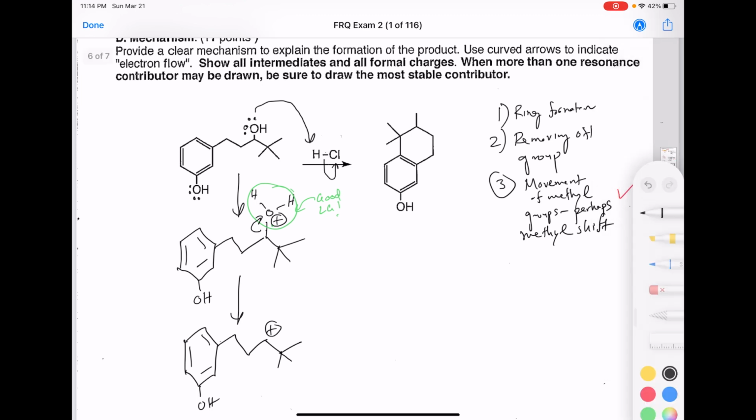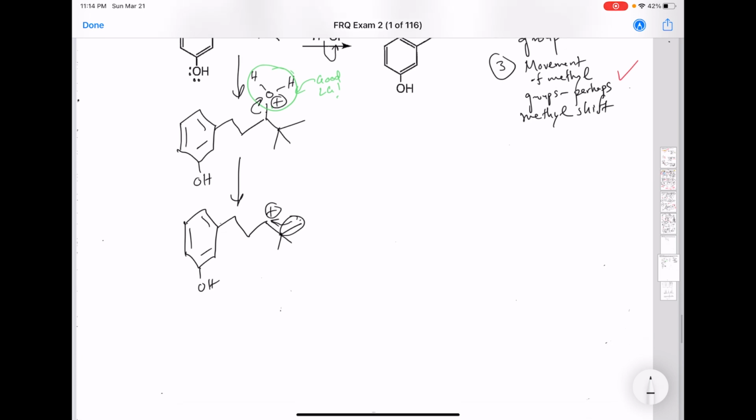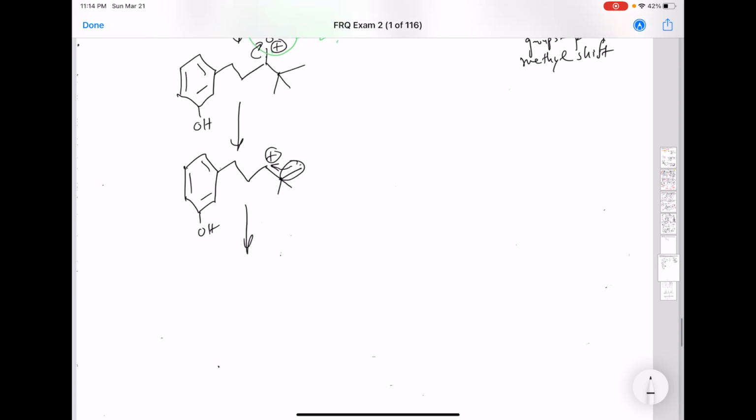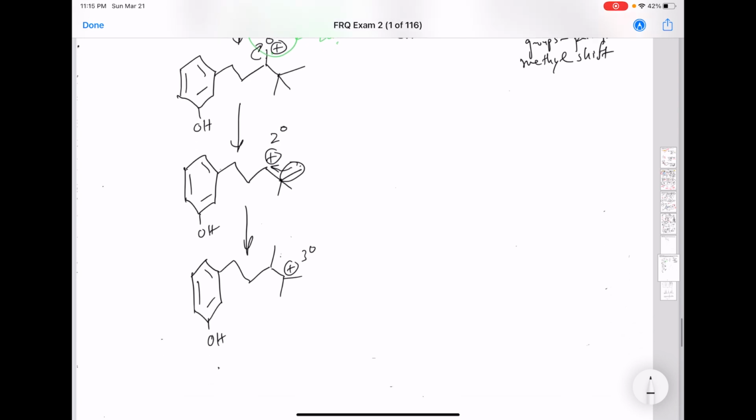And there is good grounds for having a methyl shift as well, because if you move this methyl group over here, via methyl shift you're going to get a tertiary carbocation, right? Because this was a secondary carbocation. This is a tertiary carbocation. So it's definitely a more stable carbocation. That's why this methyl shift would occur, right? It's to produce a more energetically stable carbocation.